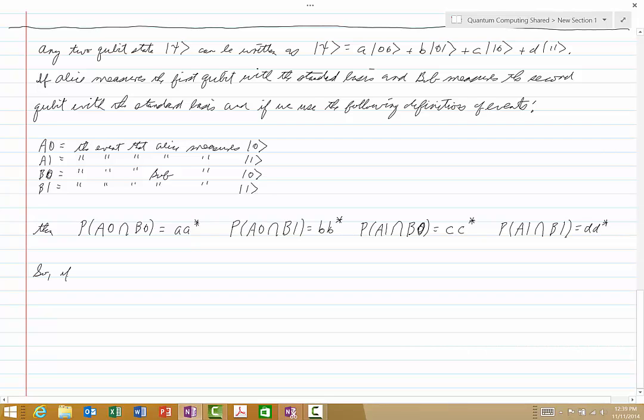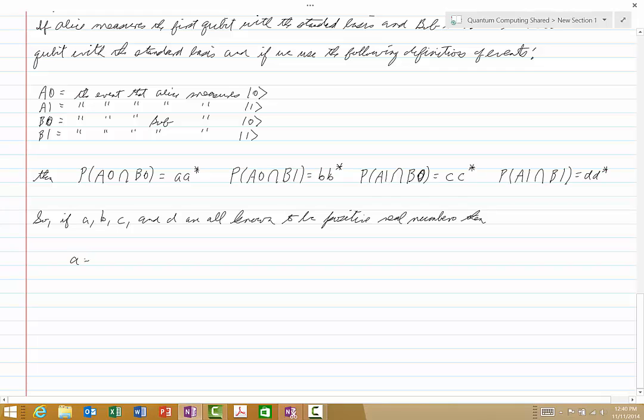So if A, B, C, and D are all known to be positive real numbers, then A is the square root of P of A0 and B0.